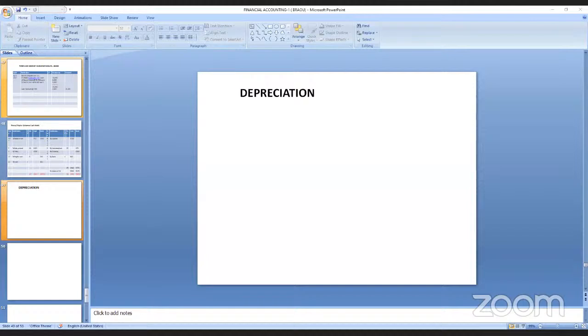Erection means it may be an installation or anything. So for the 10,500, you must add the 500 also. It means total it is 11,000. And the asset is expected to last for 4 years, so you have to do the depreciation for 4 years. The estimate is 1,000.